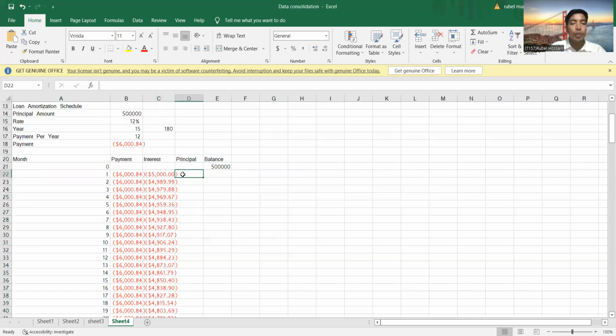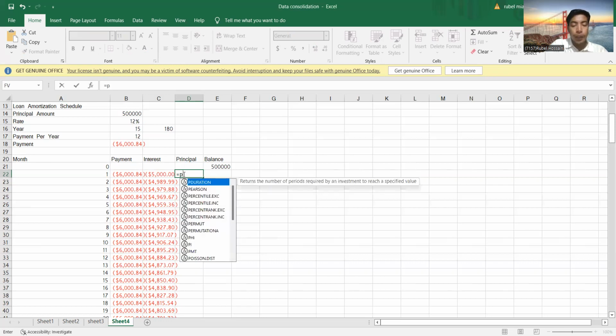So here we will calculate the principal amount. For the principal amount we have to give again an equation sign, then write PPMT, as we want to calculate the principal amount, then first bracket.